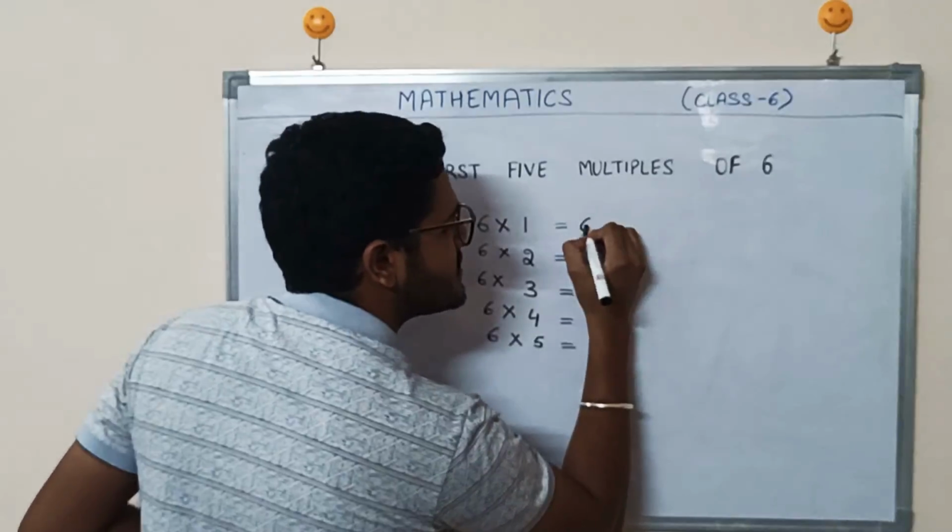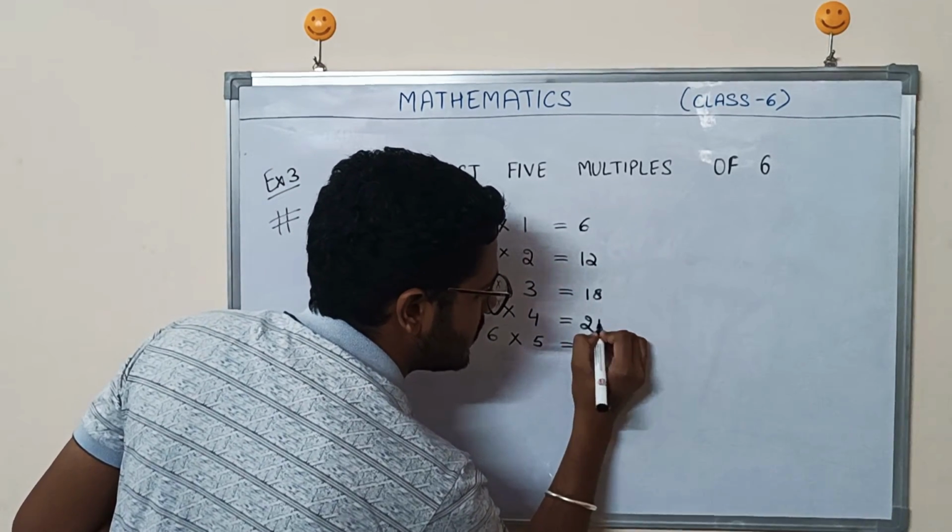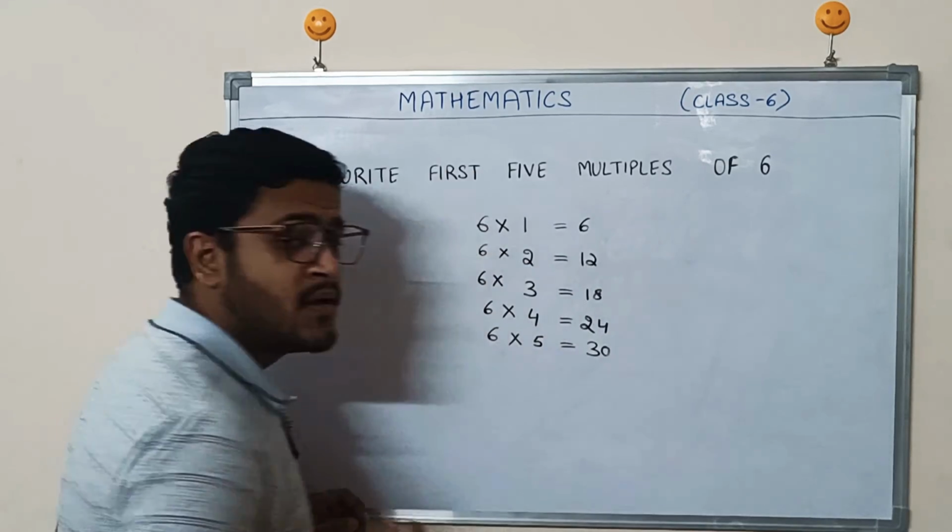6 into 1 is 6, 6 into 2 is 12, 6 threes are 18, 6 fours are 24 and 6 fives are 30.